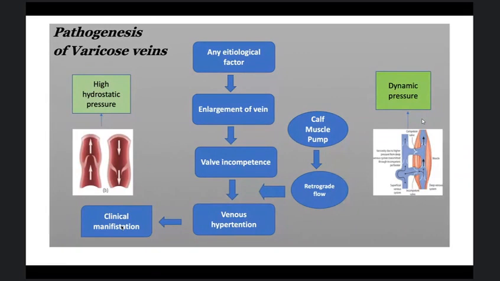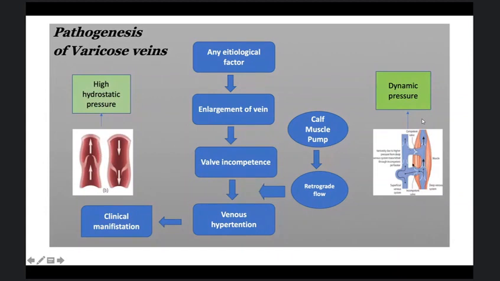I will repeat the pathogenesis of varicose veins. Any cause, whether congenital or secondary, will lead to enlargement of the vein. Enlargement of the vein will lead to valvular incompetence. Incompetence will lead to high hydrostatic pressure.